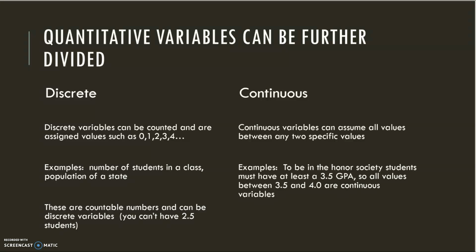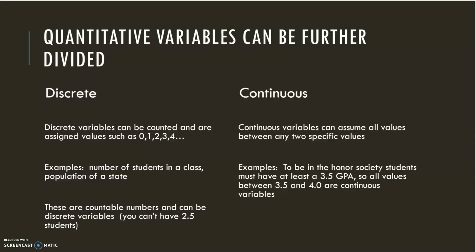These are countable numbers and are discrete variables. For instance, you can't have 2.5 students in a class, or the population of a state can't be 536,382 3/4. It needs to be a whole number and is countable.